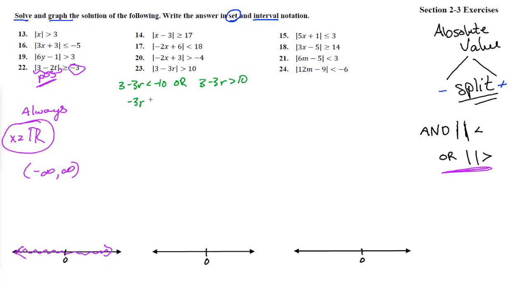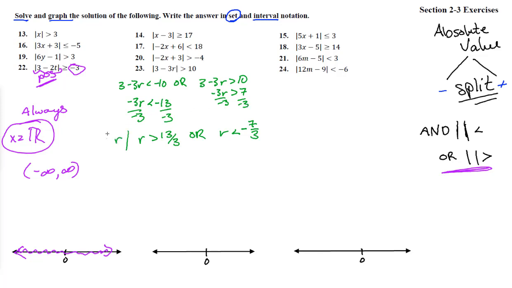Negative 3r is less than negative 13. Divide by negative 3, and we get r is greater than 13/3. Or finish the other one, subtract 3, and we get negative 3r is greater than 7. Divide by negative 3, and we get r is less than negative 7/3. Remember, when we divide by a negative, we switch the direction.